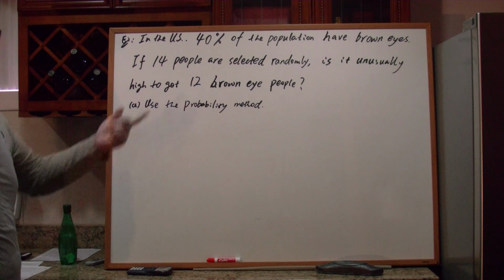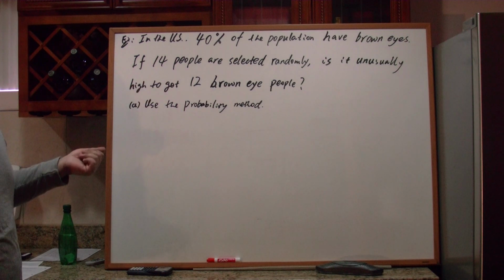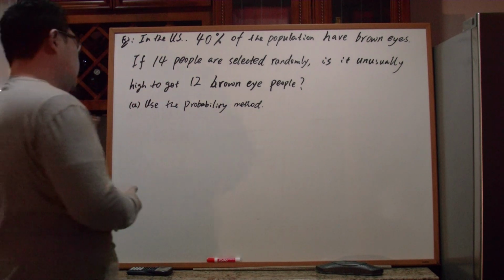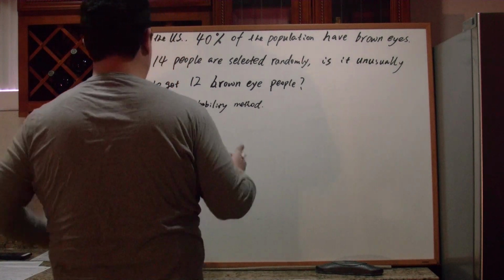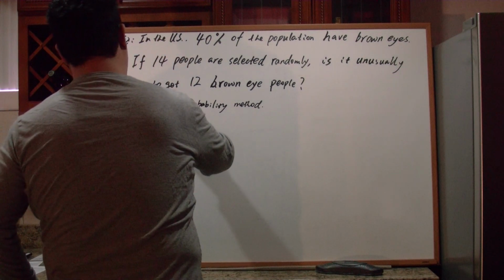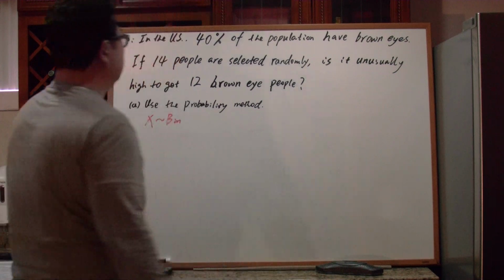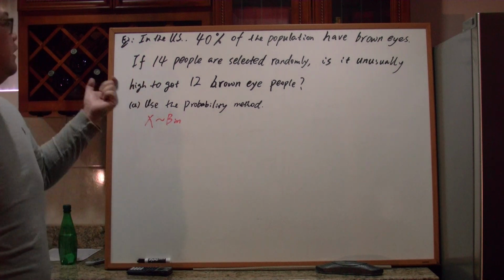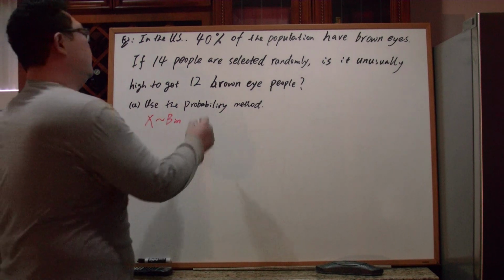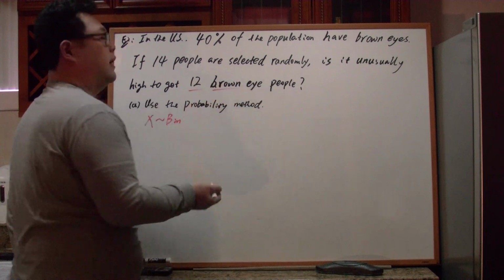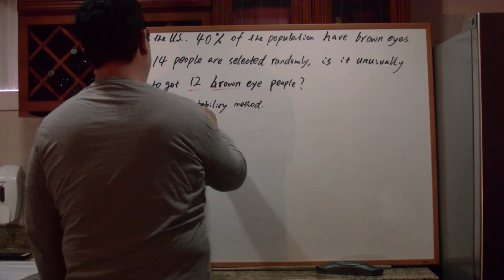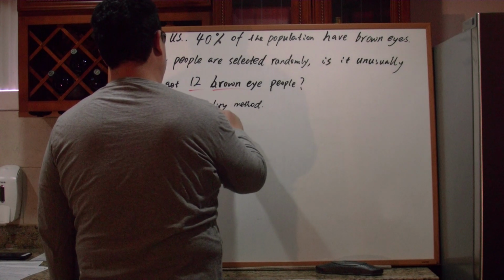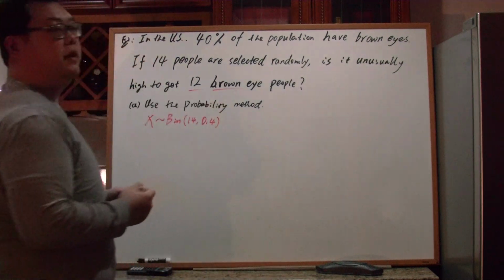And to see whether an event is unusually high, we find the probability of this number and the more extreme, right? Which means higher. So x follows the binomial distribution, where 14 are selected and 40% have brown eyes, and we have 12 brown eyes, asking whether it is unusually high or not.